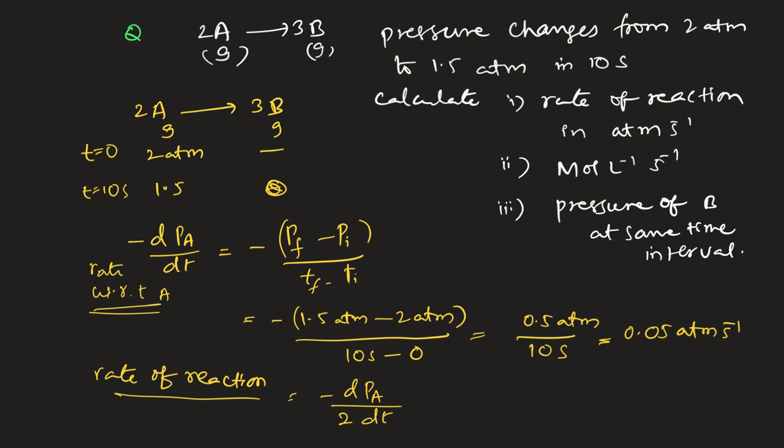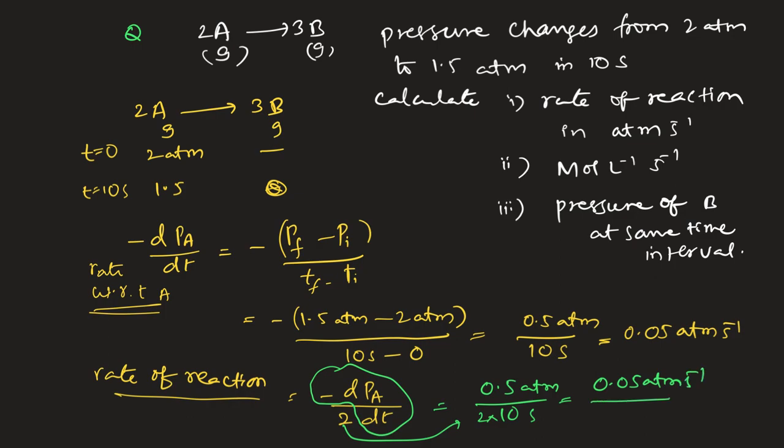So now you observe that this value is 0.5 atm by 10 seconds, and the coefficient is 2. Otherwise you can write this as 0.05 atm second inverse, divided directly by 2.